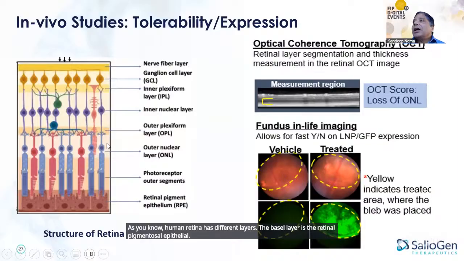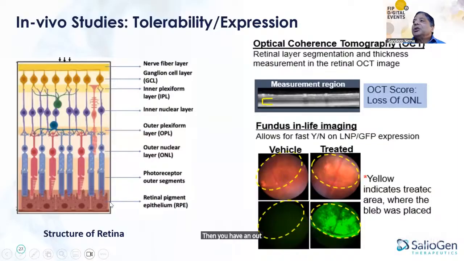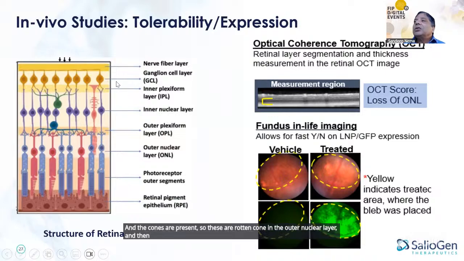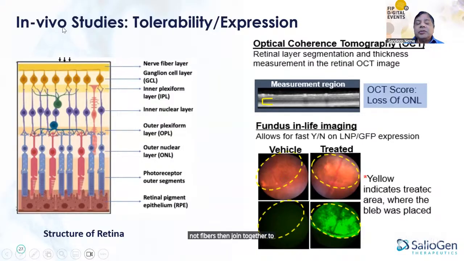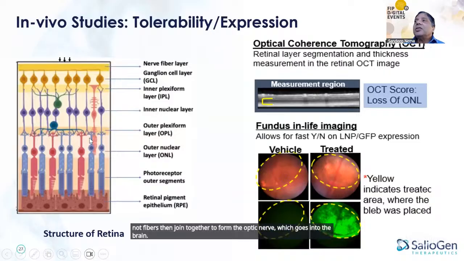Then you have an outer nuclear layer in which the photoreceptors, the rods and the cones, are present. So these are rod and cone in the outer nuclear layer. And then you have an inner nuclear layer, and all these nerve fibers then join together to form the optic nerve, which goes into the brain. So this is the structure.